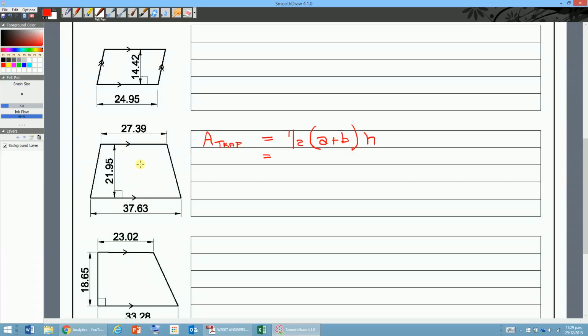Remembering that the distance between parallel sides is always the perpendicular distance or the shortest distance, as shown by our little thing here. So the parallel sides are here.